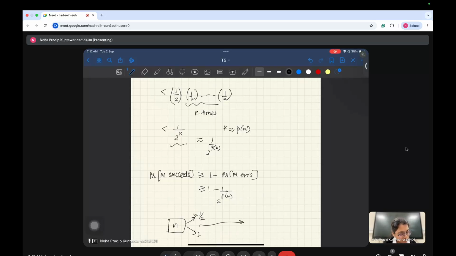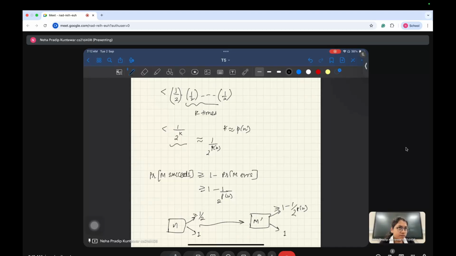We have modified it into a machine M prime that is going to succeed with a very large probability when x is indeed in the language, and still maintain the guarantee that if x is not in the language, we will never make errors.